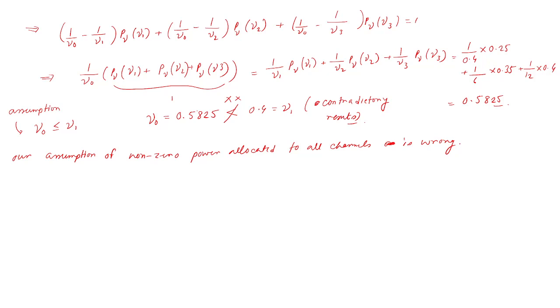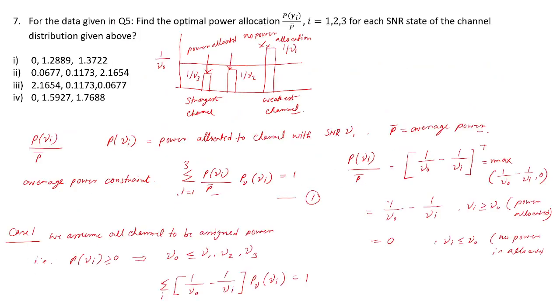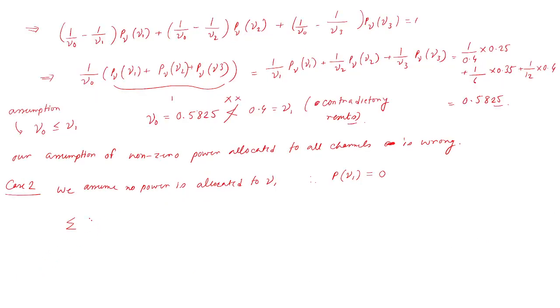So let us move to our second assumption, that is case 2, in which we remove gamma 1 from the picture. That is, we assume no power is allocated to gamma 1, which is P of gamma 1 is equal to 0. Therefore, in equation 1, P of gamma 1 will be out of the picture.